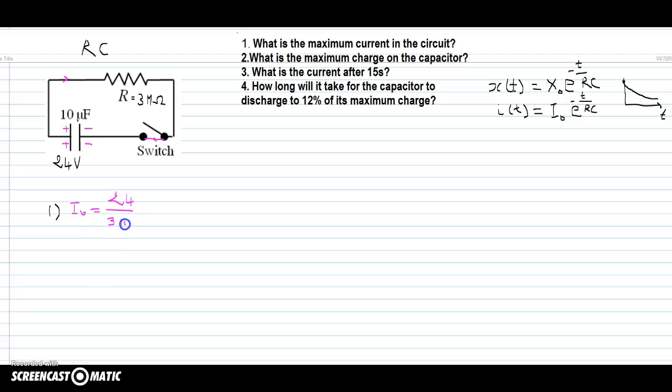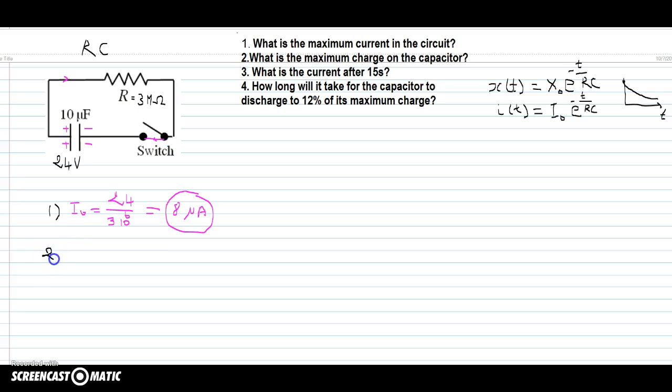Mega is 10 to the 6. And so this is now 8 microamps. Micro is 10 negative 6. So this is the answer.